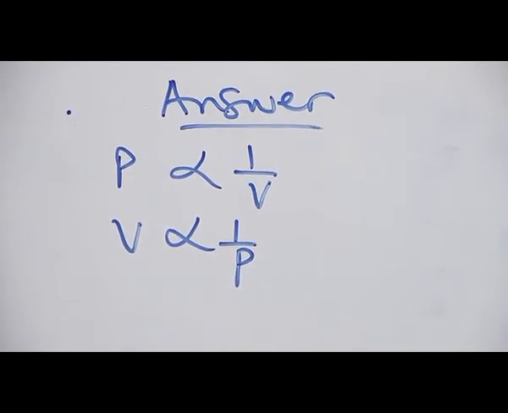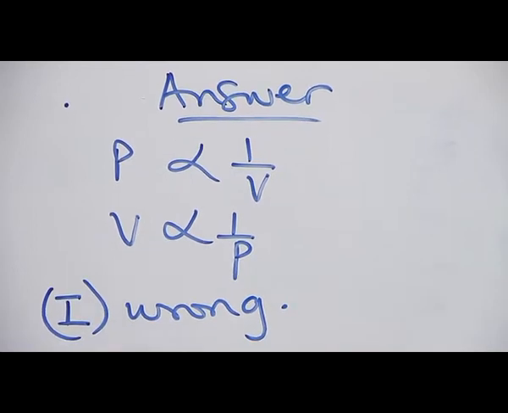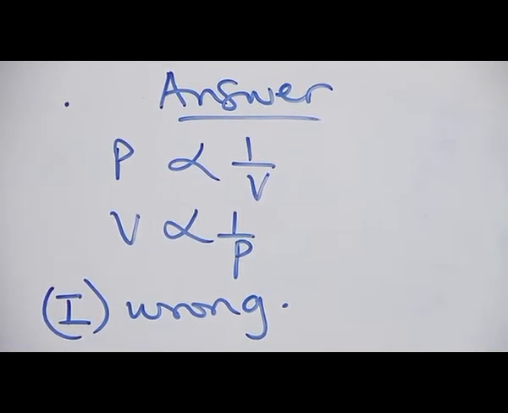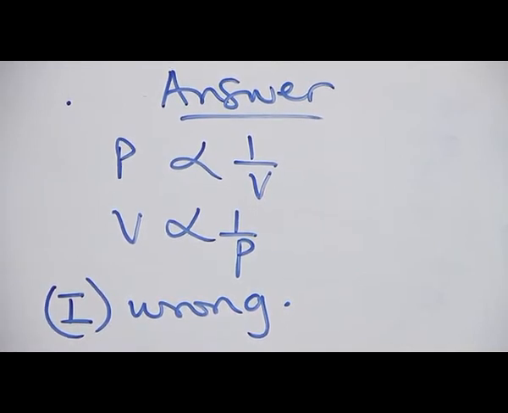If we look at the first graph, it's a graph of direct relationship between pressure and volume. So number one is wrong. The relationship between pressure and volume at constant temperature is an inverse one, not a direct one.